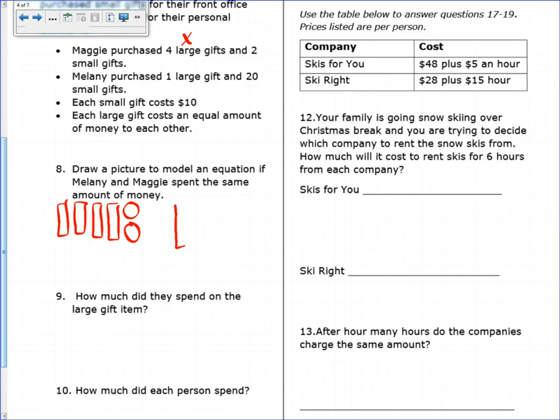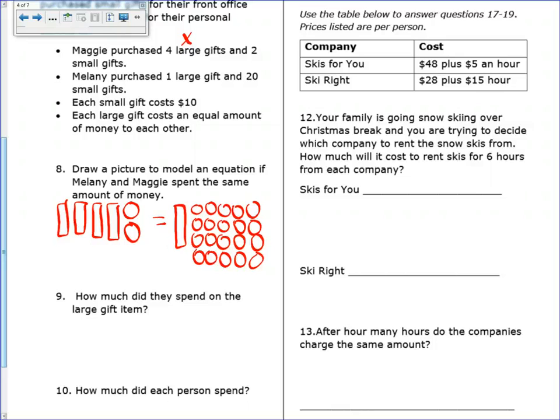Melanie purchased 1 large gift and 20 small gifts. So you're going to draw in 20 of these little counters. And we know they spent the same amount of money, so we're going to set them equal to each other. Okay. We also know that each small gift costs 10, so each one of these little counters is worth 10.